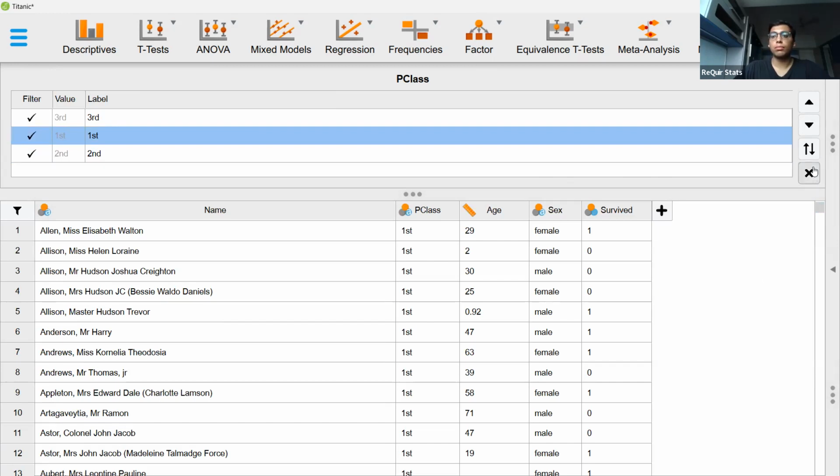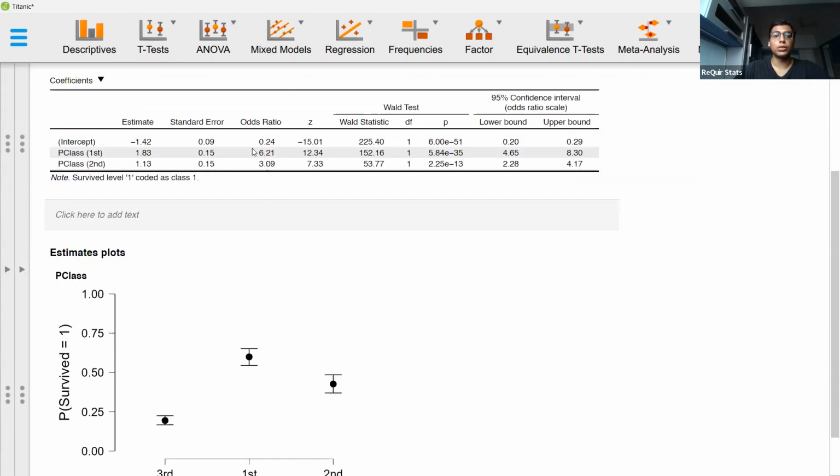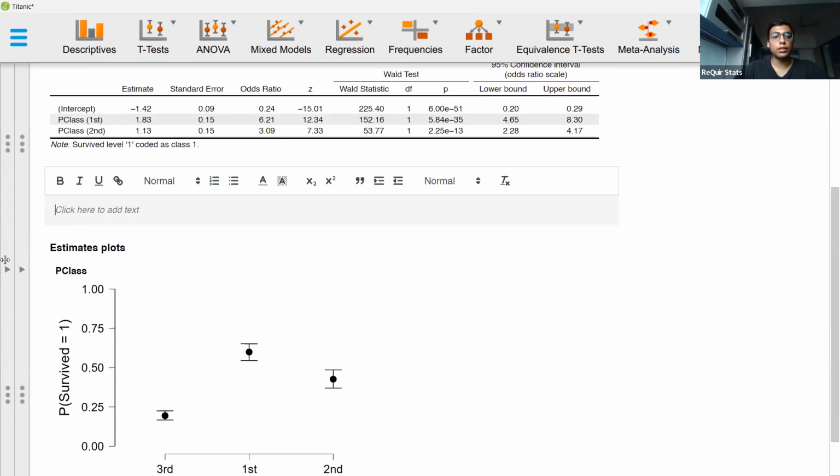Because the odds of survival in passengers in the third class were the lowest, this reference class would entirely change the ratios. So now they would be more than 1. Now you see 6.2 and 3.09. So this is now very nice to interpret.